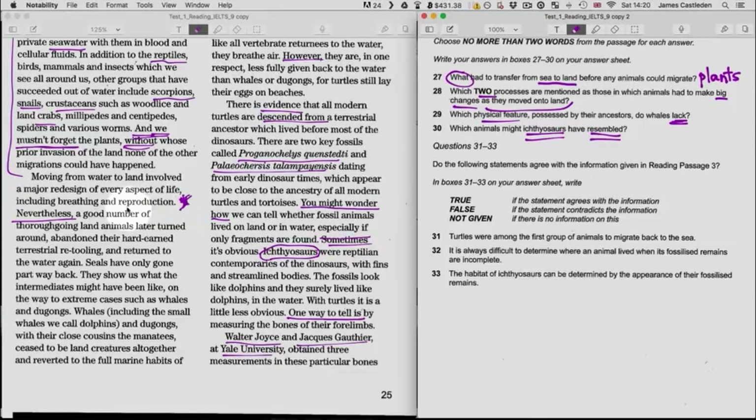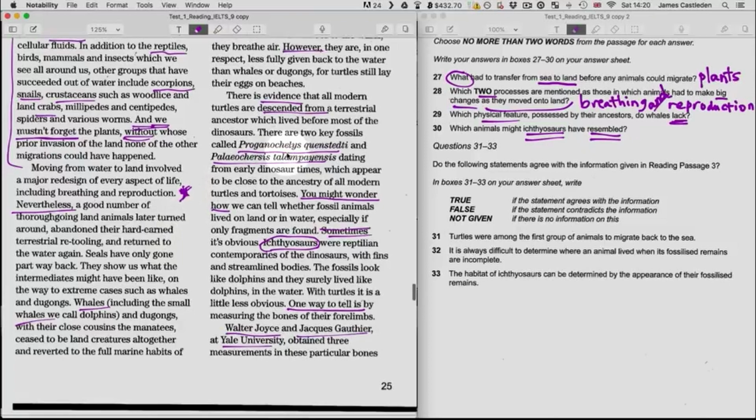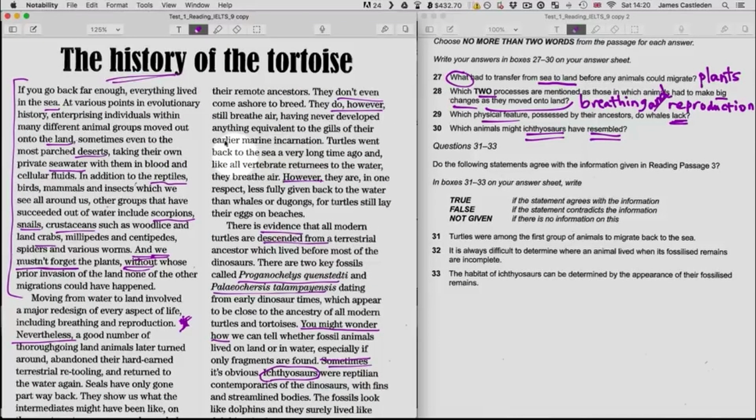Which two processes are mentioned? Breathing and reproduction. Sorry, this should be and. Just put and here. Breathing and reproduction. Right. 29. Which physical feature possessed by the ancestors do whales lack? Now, whales. We've seen the word whales here and whales there. Again, whales.